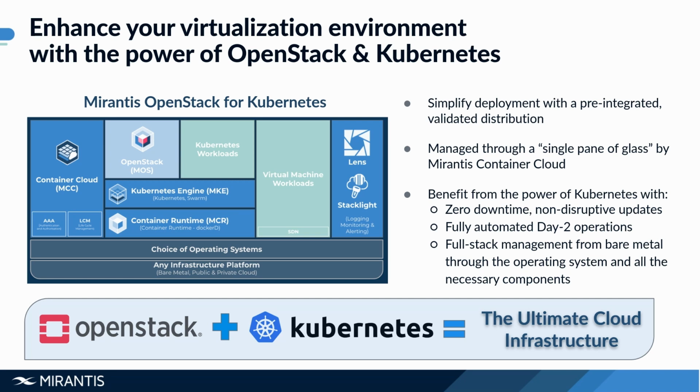And the benefit of Kubernetes enhancing OpenStack is enhanced resiliency and availability of your OpenStack infrastructure, providing you with zero downtime, non-disruptive updates, fully automated day two operations, and full stack management from bare metal through the operating system and all the various necessary components.